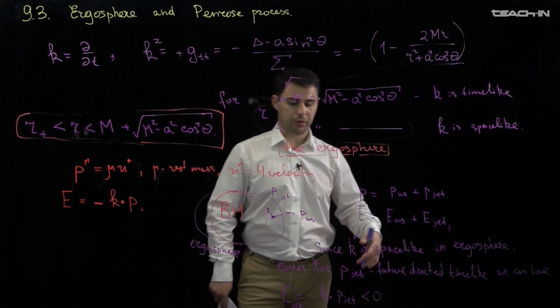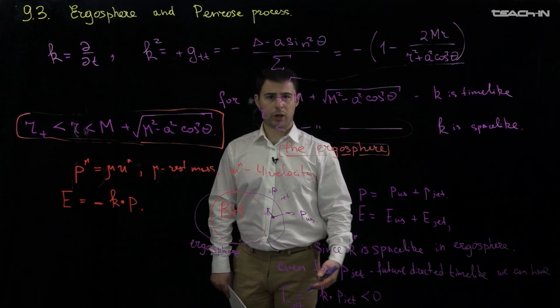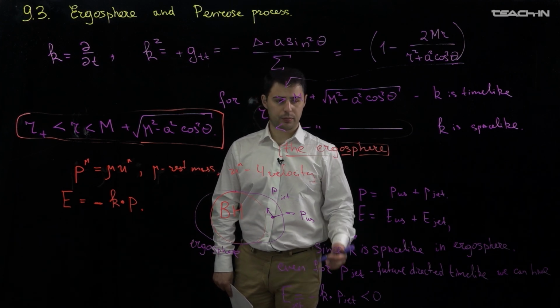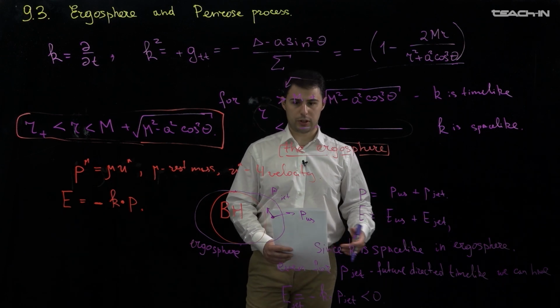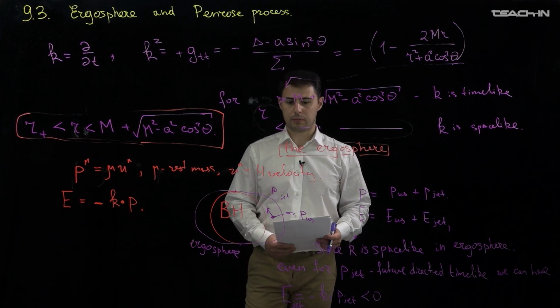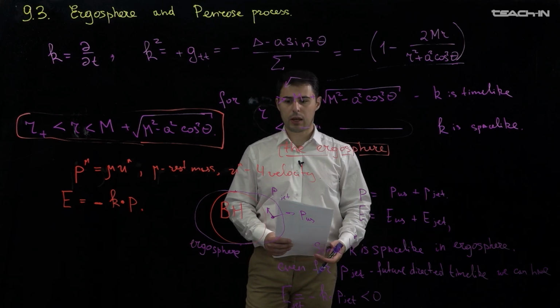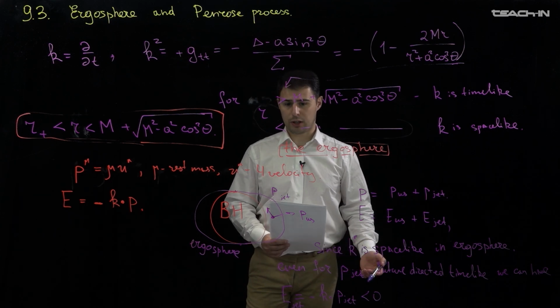And we have negative energy, which means that by the energy conservation, we have now gained some energy and momentum. This is an absolutely valid process of energy extraction, and the energy comes from the black hole itself.